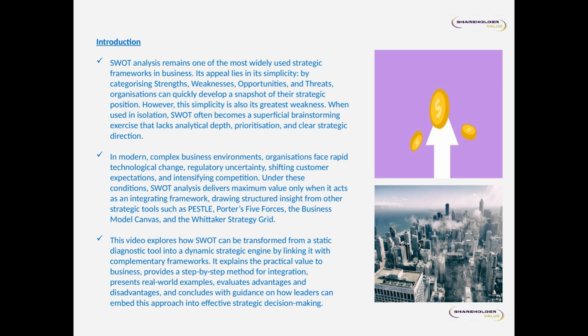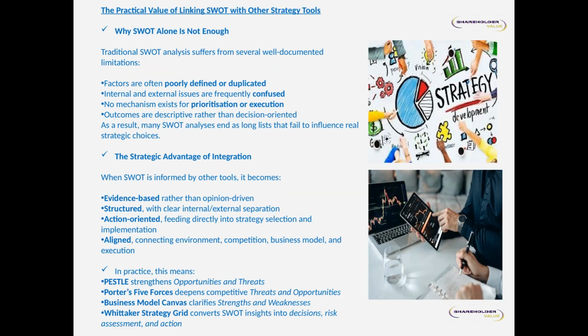This approach helps businesses not just identify factors affecting them, but also understand how they interact and what actions to take next. We will look at practical ways to integrate these methods, examine real examples, and discuss the benefits and challenges of doing so, ultimately showing how leaders can make better strategic choices with a more connected approach.